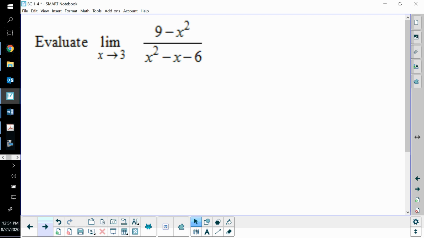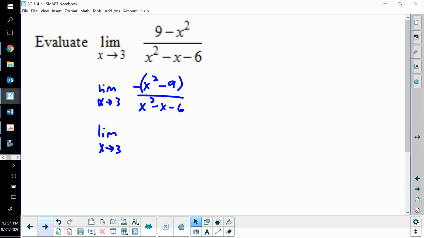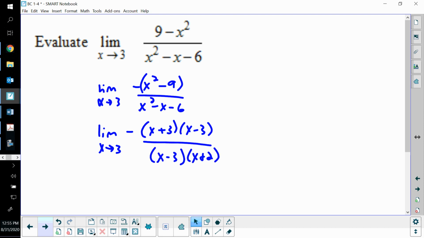So we like our x's to come first, and we like them to be positive when we're factoring these. And I'm going to go ahead and pull the negative out right away. So this will be minus and then x squared minus 9. So this is minus, and then we've got our difference of two perfect squares. Got x minus 3 and x plus 3.